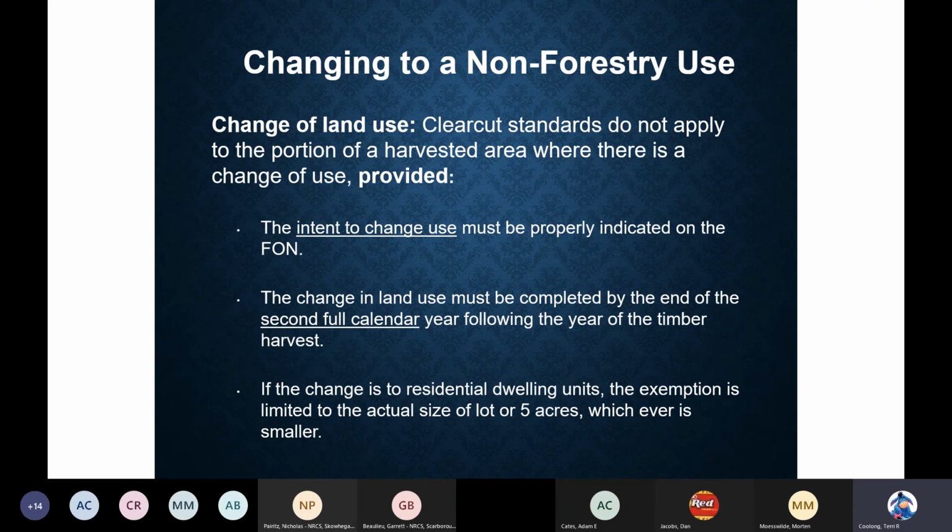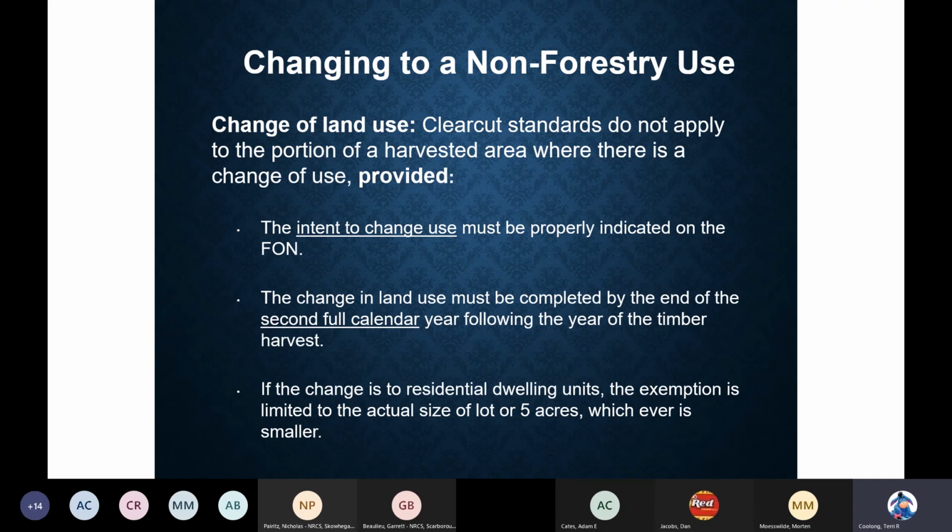Now, one of the things that you can do, which would not be a clear cut, is change to a non-forestry use. There is a checkbox on the FON, Forest Operations Notification, and you need to tell us that you are changing it to a non-forestry use and what that use is going to be. Then you have 2 years to actually get that change completed.